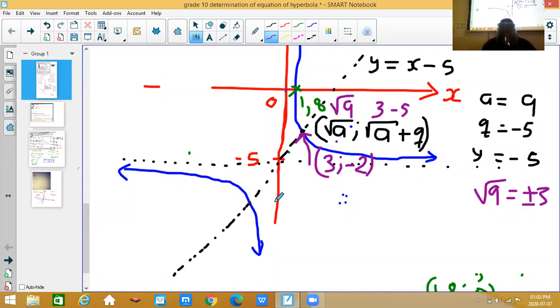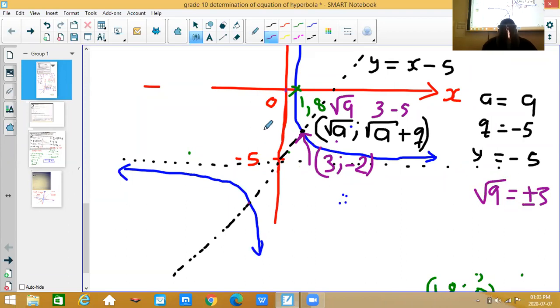On this other point, on this side, you are going to take the square root. If we have the square root of 9, what is the square root of 9? Plus or minus 3.